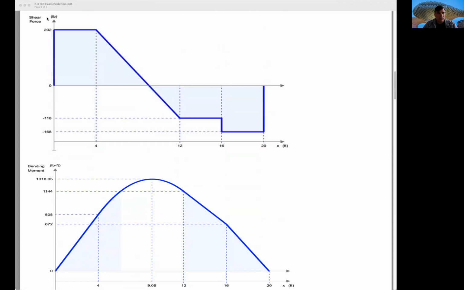The first one was 202 multiplied by 4. 202 multiplied by 4 is 808. This is this area, and that is exactly the first point that I need to plot.